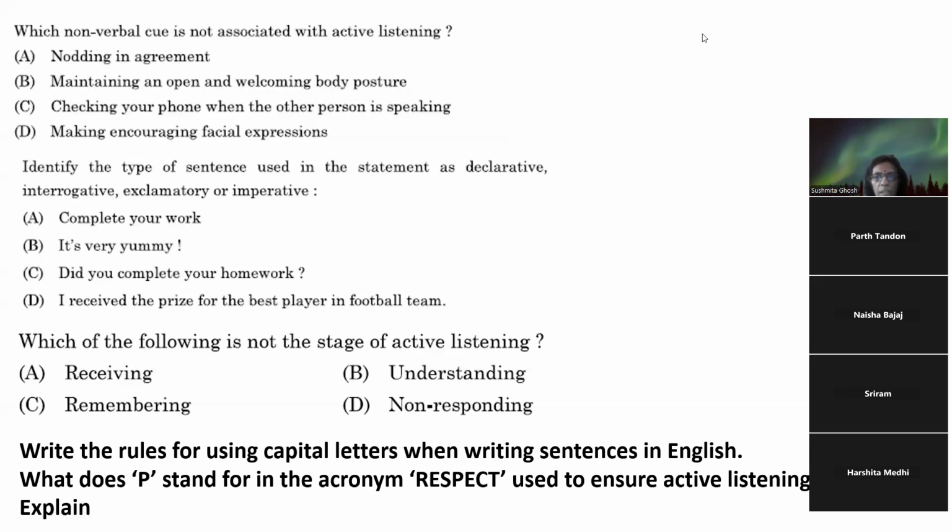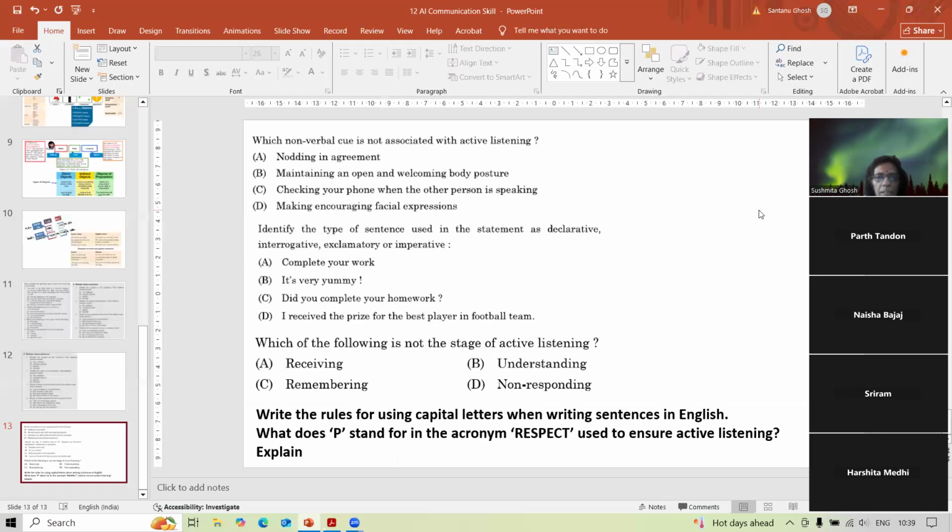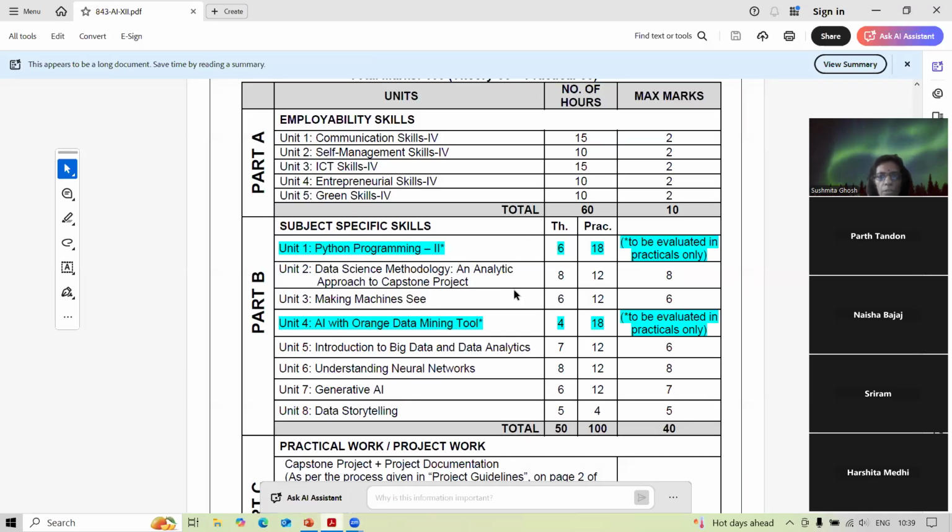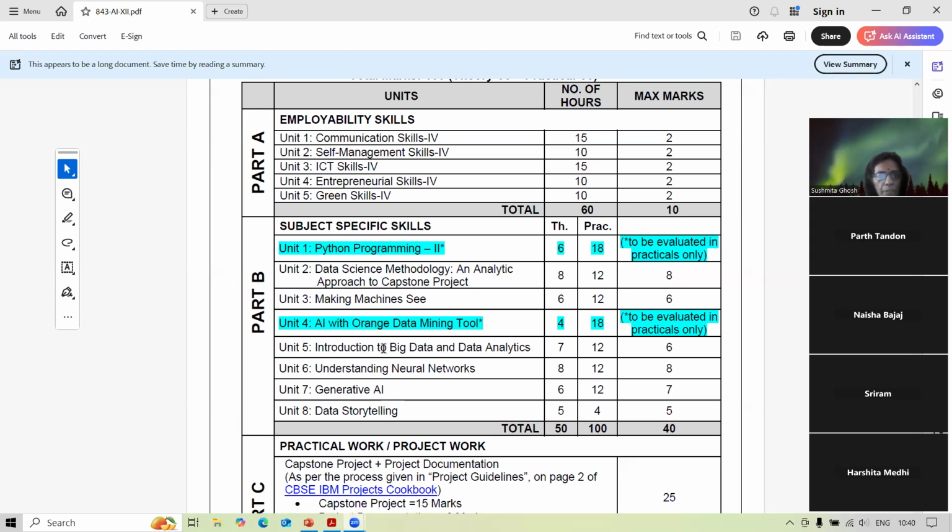Now Harshita and Sriram joined a little later. So I just want to remind you about what I was talking to others also in the beginning, that this is my syllabus. Okay. Part A has the communication and employability skills and part B has my subject specific skills. Out of that, the practical part is, you can see here it's highlighted, Python programming and Orange data mining tool.